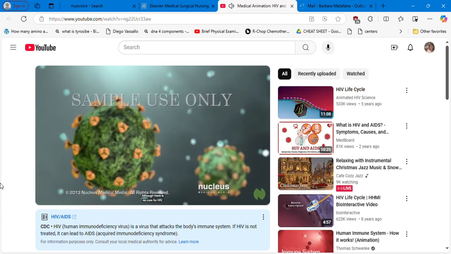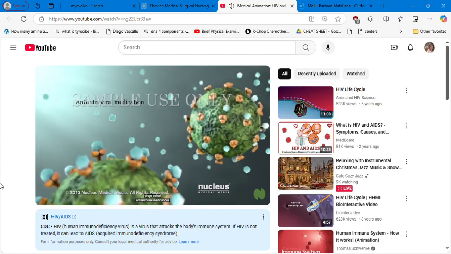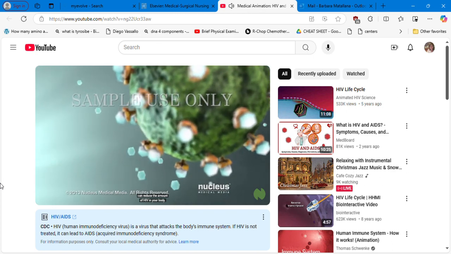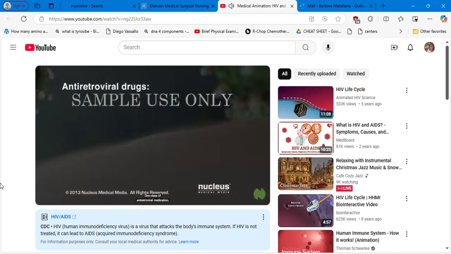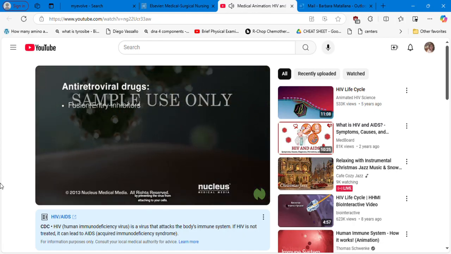Although there is no cure for HIV, drugs called antiretroviral medications can reduce the amount of HIV in your body. One class of antiretroviral medication, called entry or fusion inhibitors, disrupts the HIV infection process by preventing the virus from attaching to your cells.